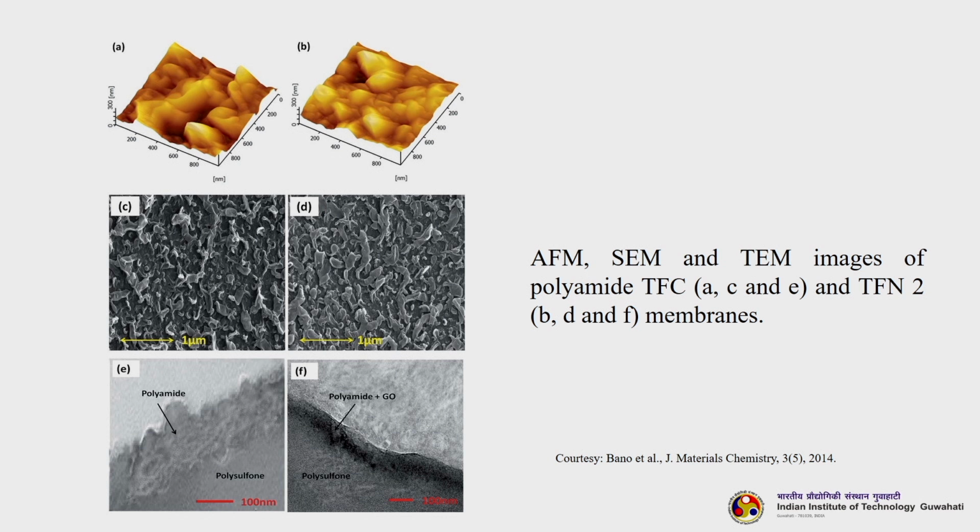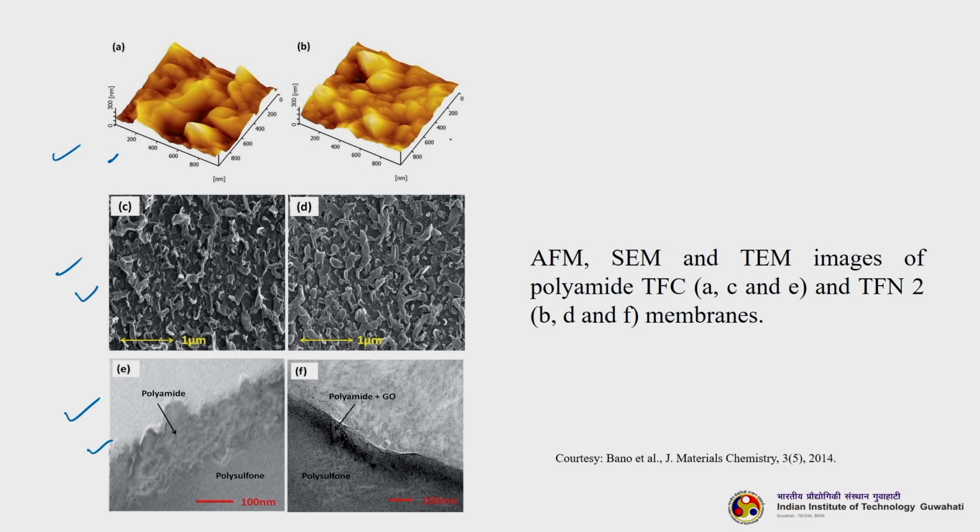Students, please have a look at this interesting figure. In this single figure, you can see there are 6 distinct images, 3 each. The first 3, A, C and E, correspond to the AFM, the scanning electron microscope, and the TEM images of a TFC, a thin film composite membrane.